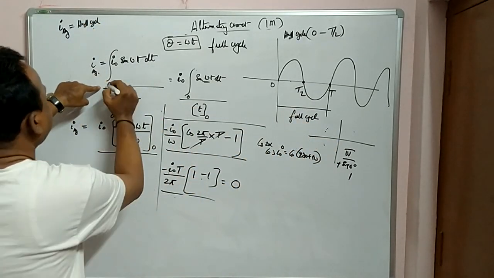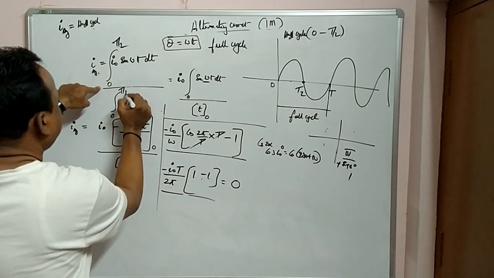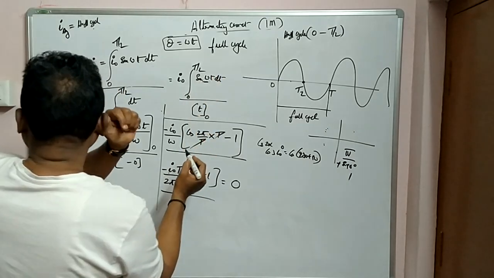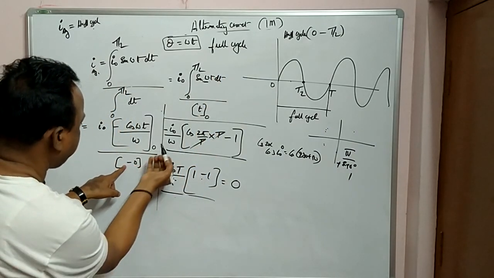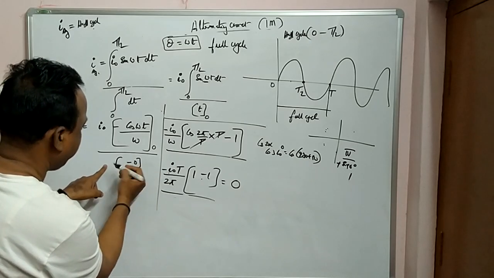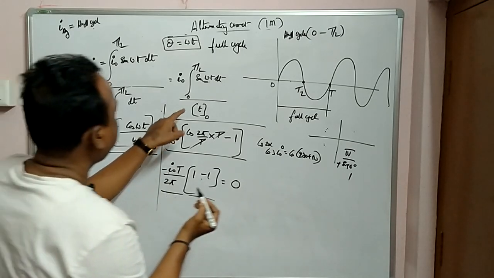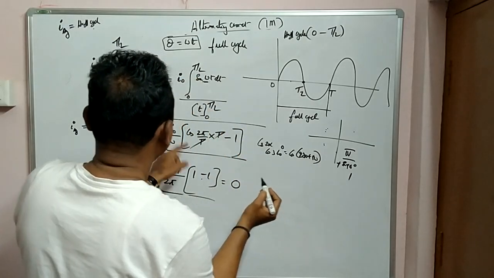Half cycle limits are 0 to t by 2, and all the things will change, the remaining is fine. Here 0 to t by 2, that means upper limit minus lower limit, so here t by 2. And here also 0 to t by 2.